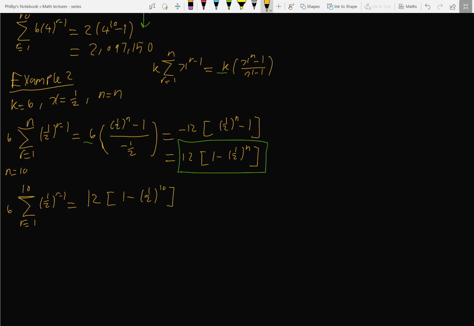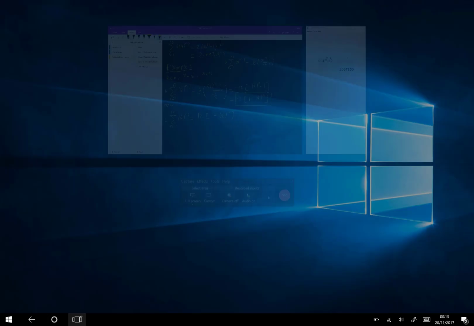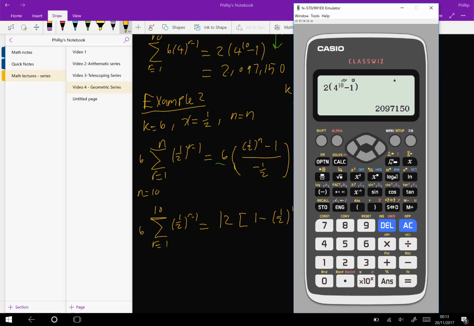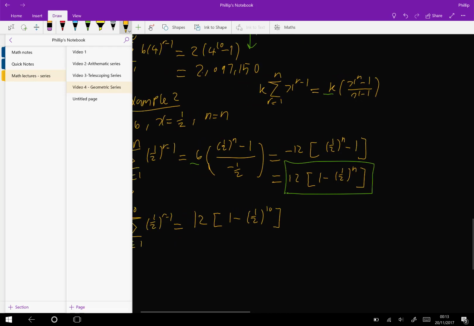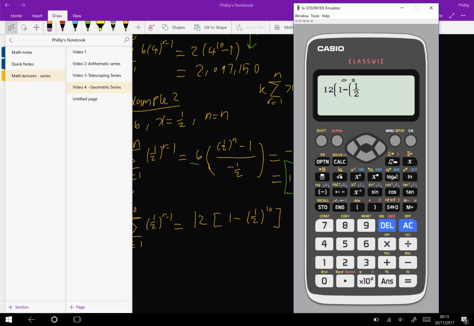So let's get our trusted little calculator back up again so we can find out what that equals, because I'd have no idea. So 12 times by 1 minus a half to the n, but n here is 10, isn't it? Yep, 10. So 12 times by 1 minus a half to the 10.